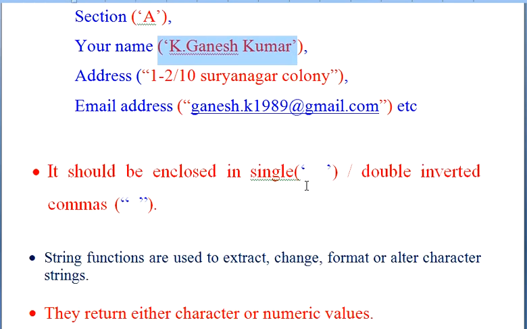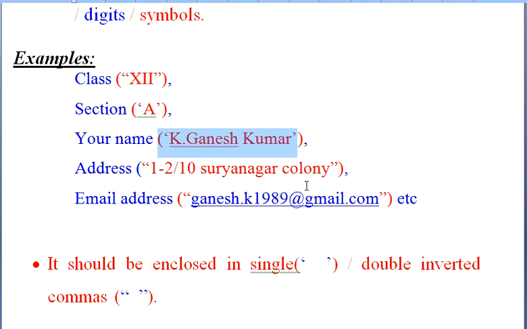Hope this is clear. Some more important points to remember regarding strings, which I am giving in brief: a string can be a single character. A string can be purely a collection of characters. A string can be a combination of characters and digits.